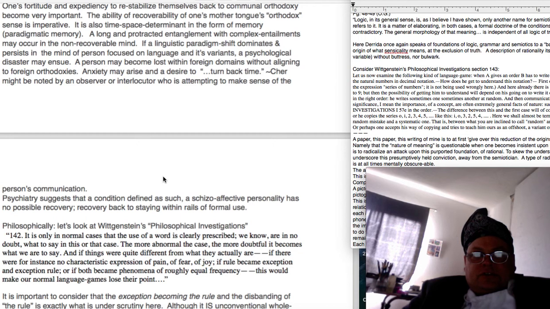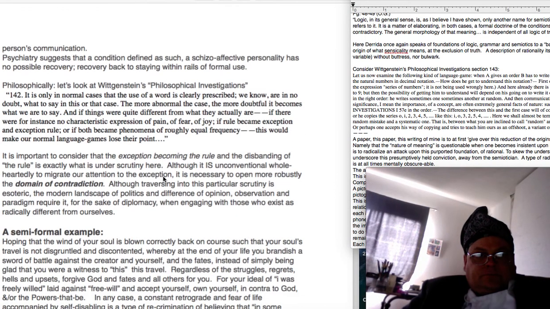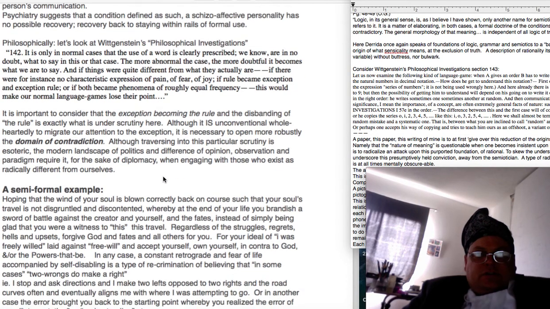Anxiety may arise, and his desire to turn back time might be noted by the observer or interlocutor who is attempting to make sense of the person's communication. Psychiatry suggests that a condition defined as such, a schizoaffective personality, has no possible recovery back to staying within rails of formal use. Philosophy, let's look at Wittgenstein's Philosophical Investigations, number 142.